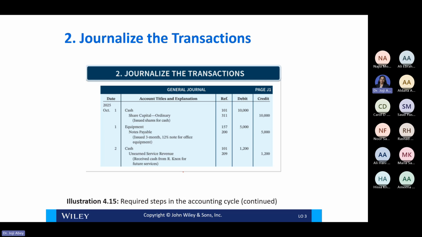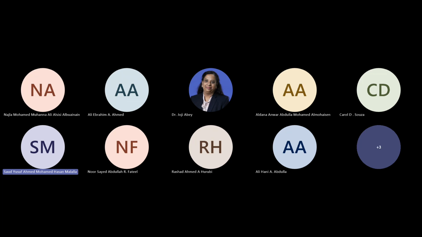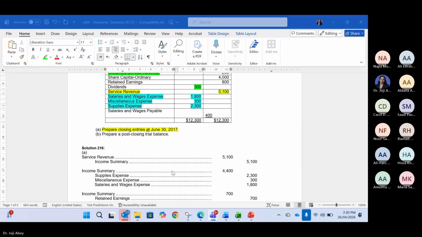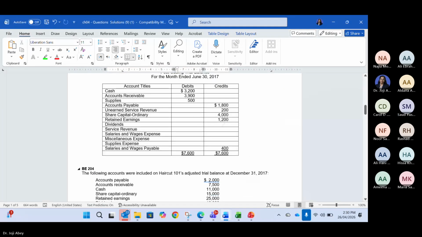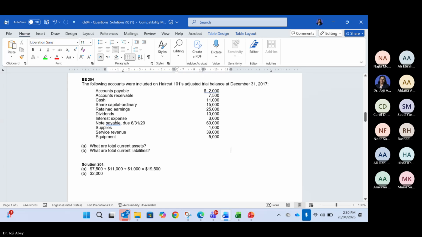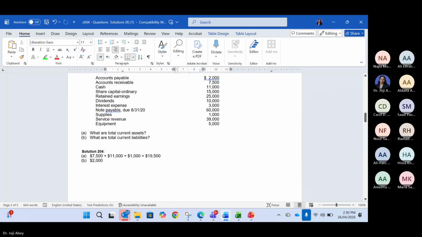Please check the next question. A mini trial balance is given.